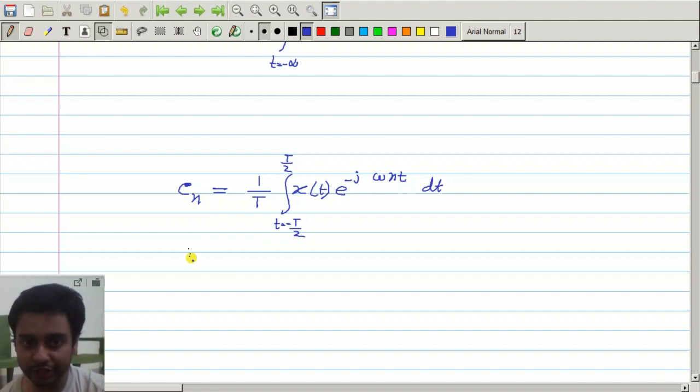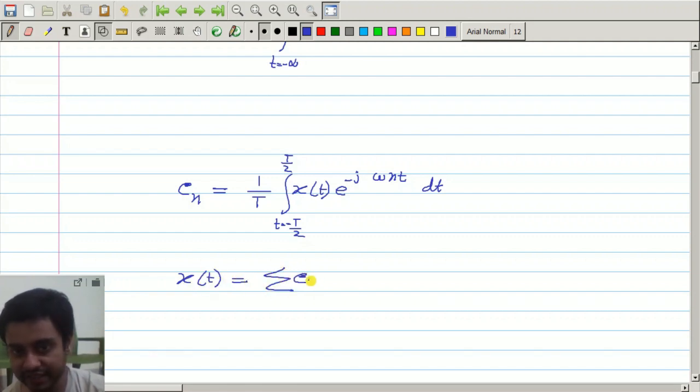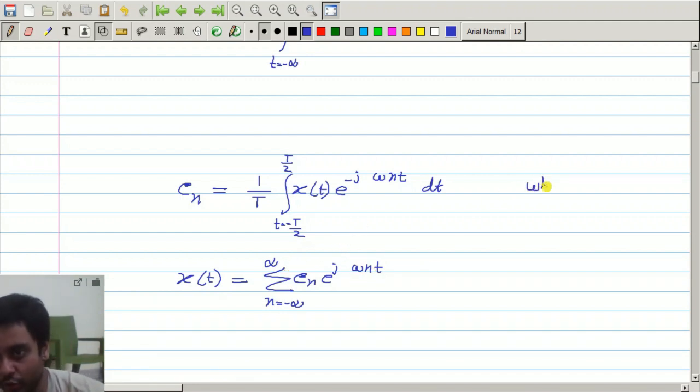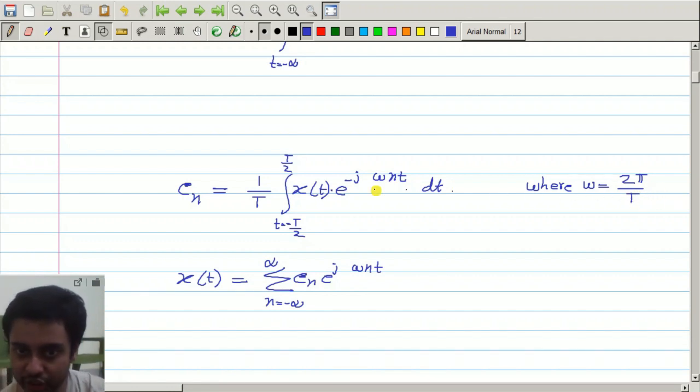And once we know these Fourier coefficients, then we can write the given signal x(t) as a sum over Cn e to the power plus j omega n t, n running from minus infinity to plus infinity, where this omega is equal to 2 pi over T, the time period of given x. Now suppose x is aperiodic.